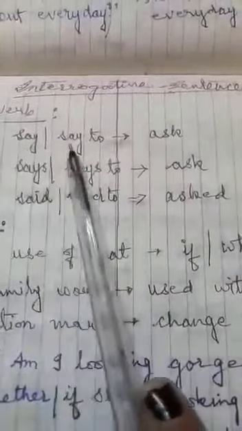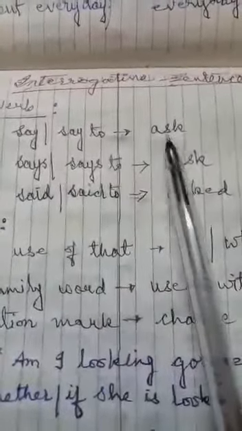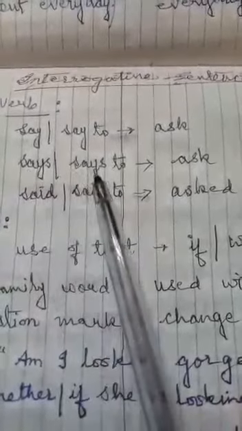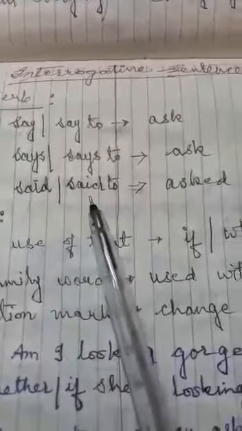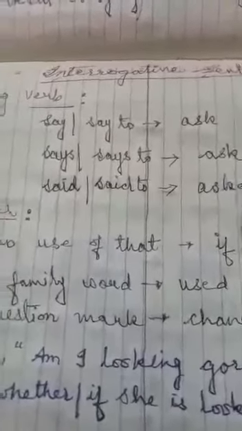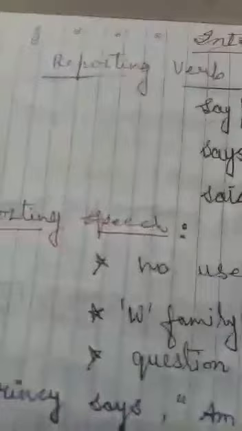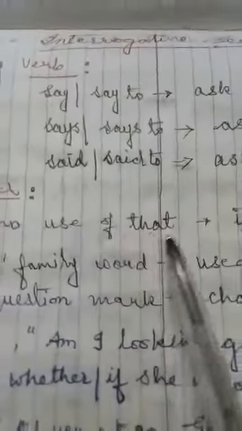So when we have say and say to, we use ask. When we have says and says to, we use ask, and when we have said and said to, we use asked.